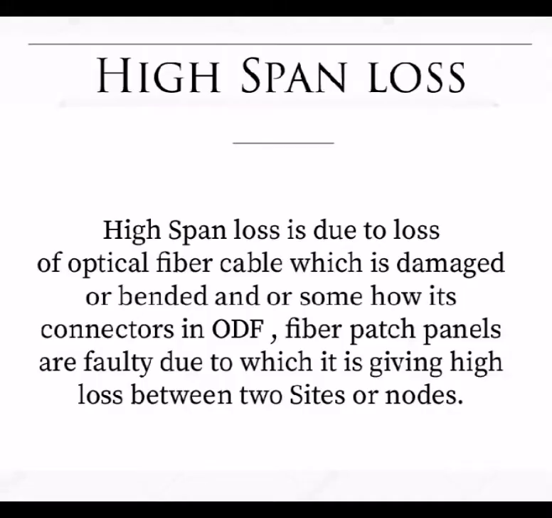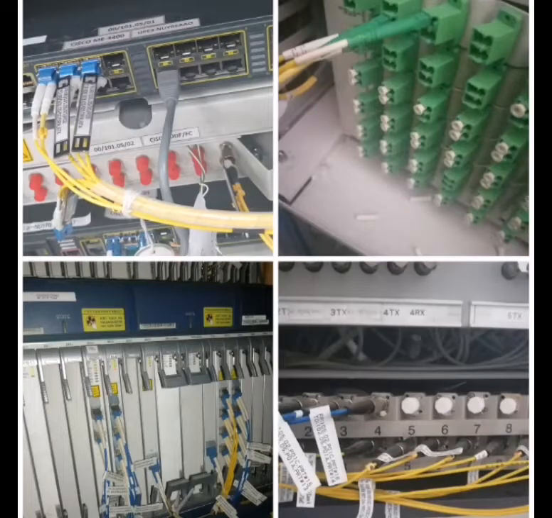So next one is high span loss. As we know that sometimes optical fiber cable is damaged or bended somehow, or connectors in ODF fiber patch panels are faulty, and we need to check its connector and check the optical power.